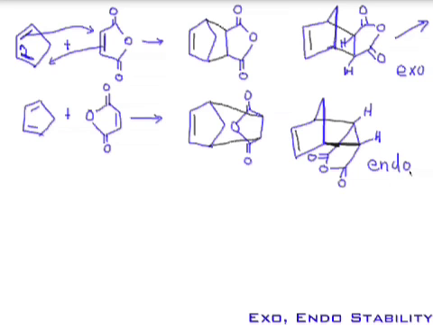Now what's interesting is the endo is more thermodynamically stable usually. The endo tends to be more stable. And often, because of that stability, it's major. Why would exo be less stable? Well, you see these hydrogens here? These apical hydrogens?